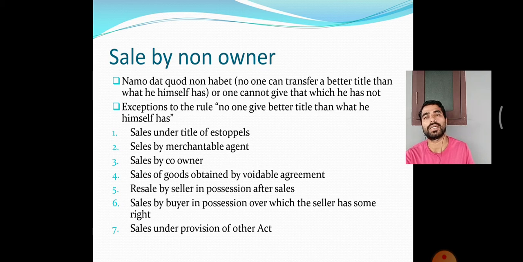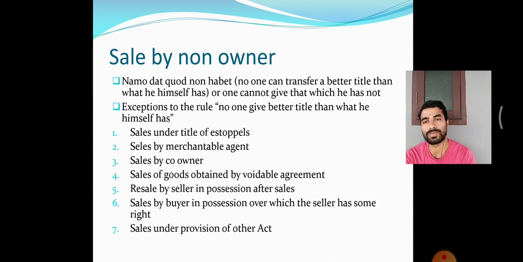But this maxim says that you cannot transfer the title of ownership of something unless you have it. Say you don't have ownership of a house and you are saying I am selling this house. It's not possible. That is the maxim, Nemo dat quod non habet. Now there are certain exceptional rules.